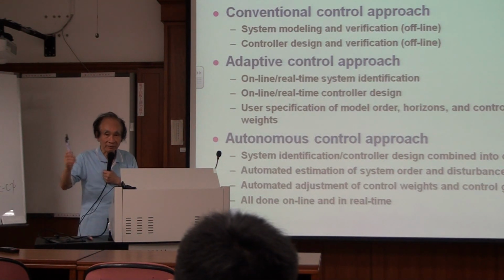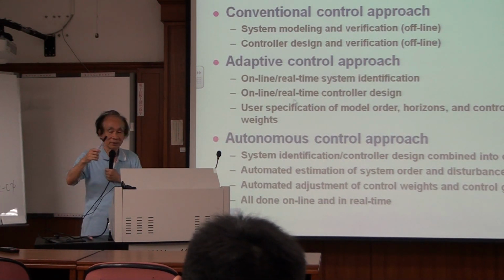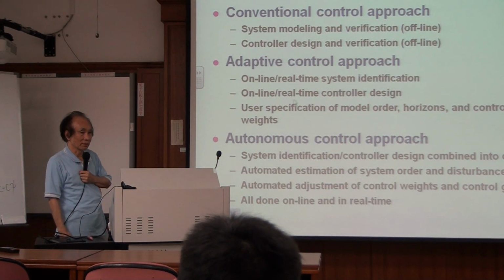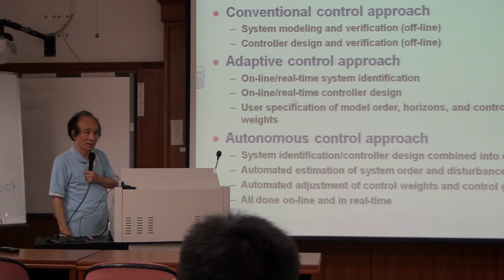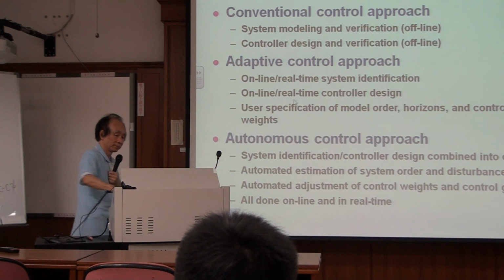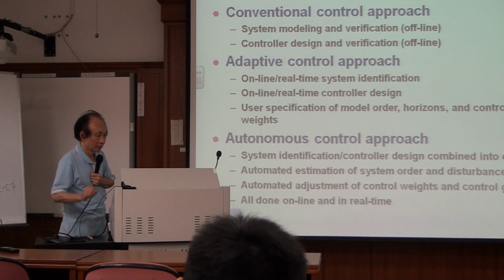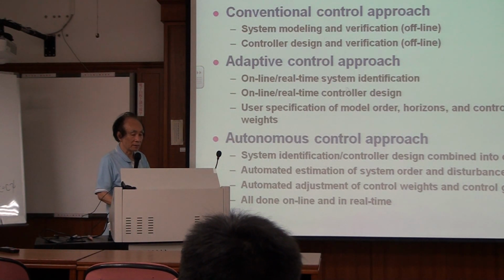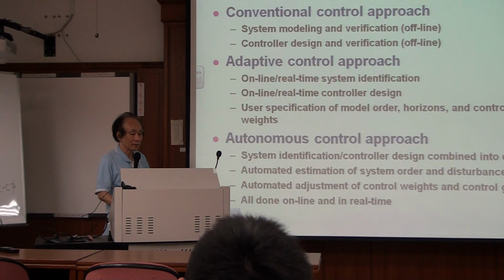Now, the predictive control. This is why I have a system ID here, because predictive control involves system ID. That's why I take time to explain the system ID here for you. So that's an online system ID, online controller design.